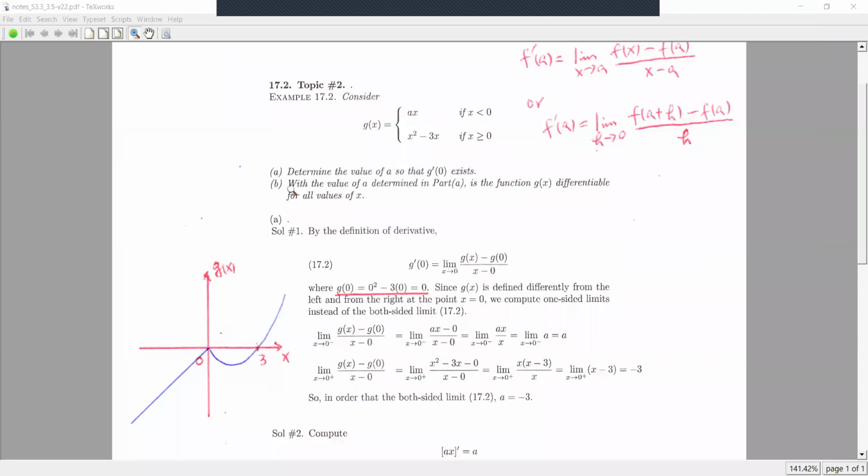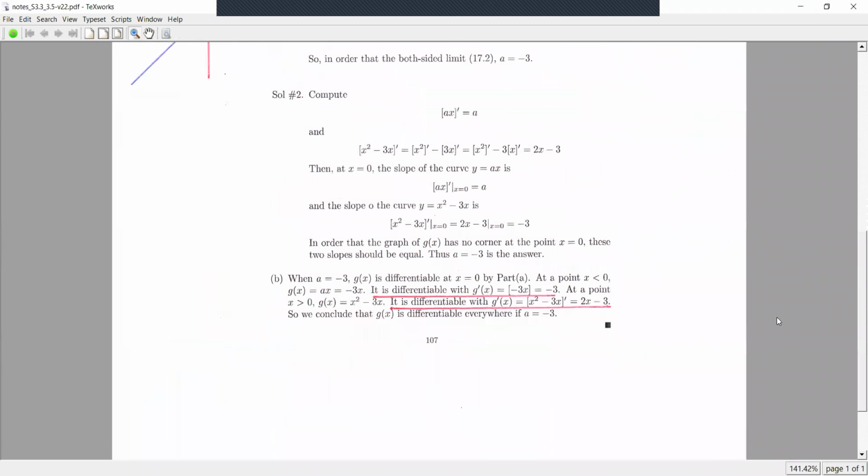Now, part B. With the value of a determined in part A, is the function g differentiable for all the values of x? From part A, we saw that when a is -3, g is differentiable at the point 0.